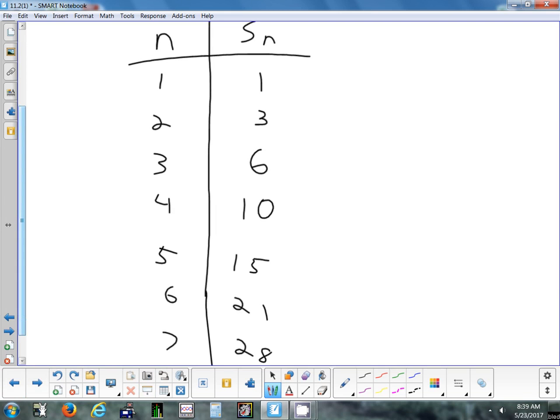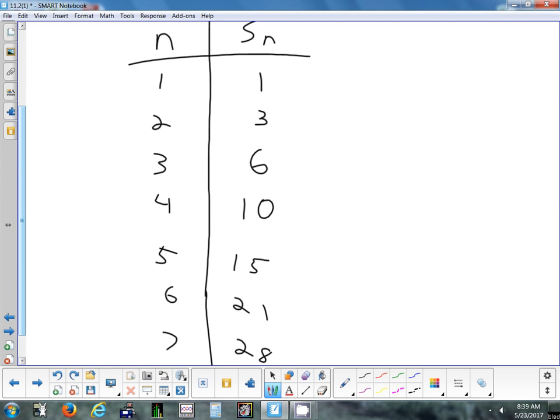Does anybody know what kind of numbers those are? If you think about representing them as dots, think about the number 3 as 3 dots or the number 6 as 6 dots. You can arrange the dots in a certain pattern, kind of like a pyramid.